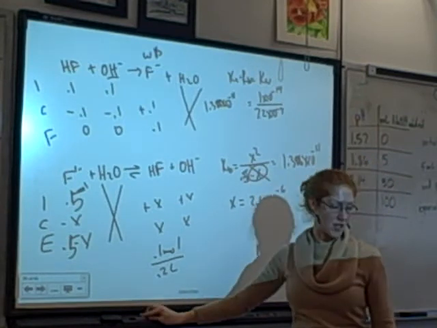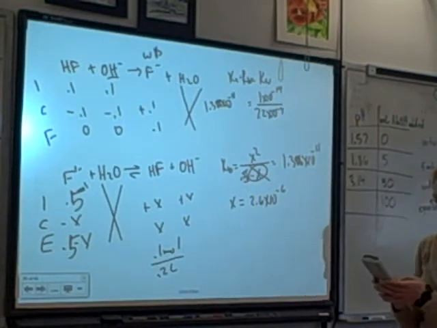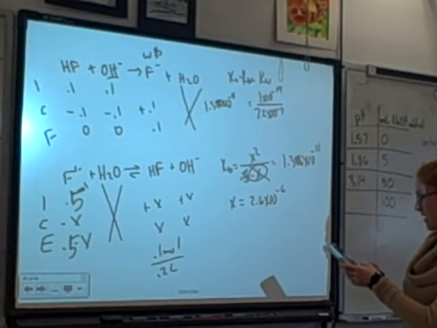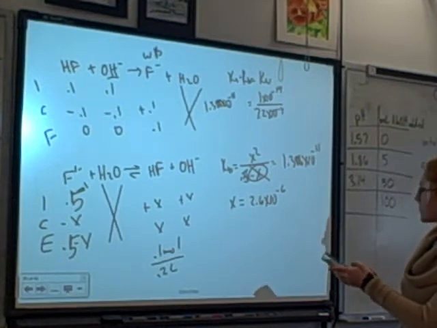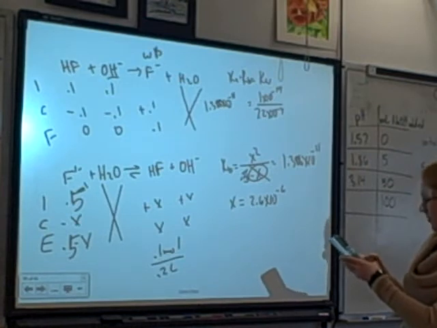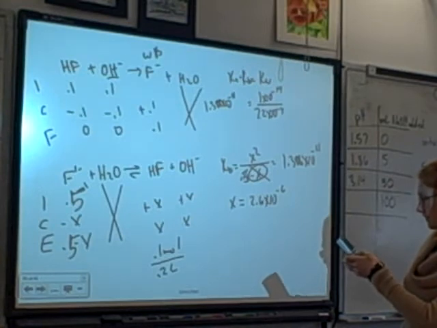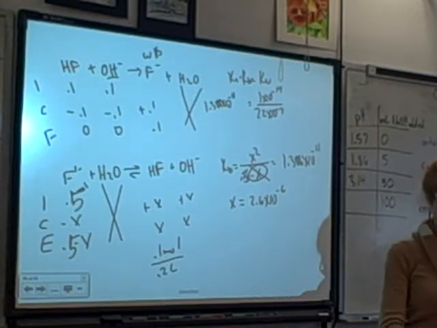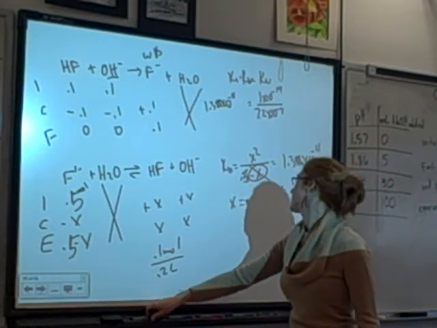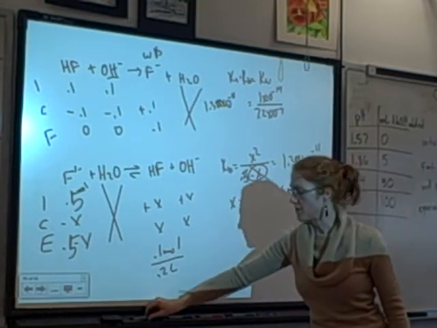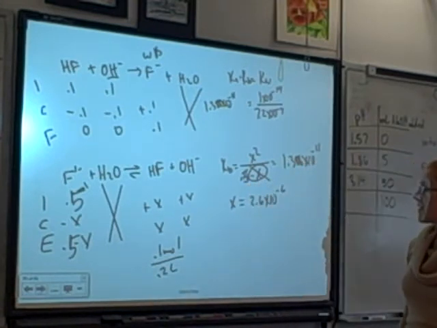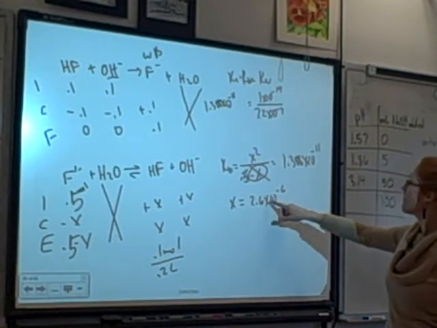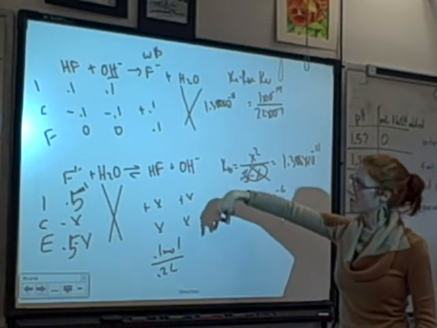And then let me check it again. So 1.388 times 10 to the negative 11 times 0.5, and then I'm just going to square root. Yep, 2.63 to the negative 6. So, okay, good, we found a mistake. So then, I've got X, and X was the concentration of hydroxide.